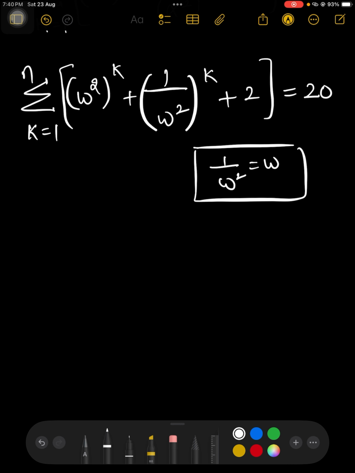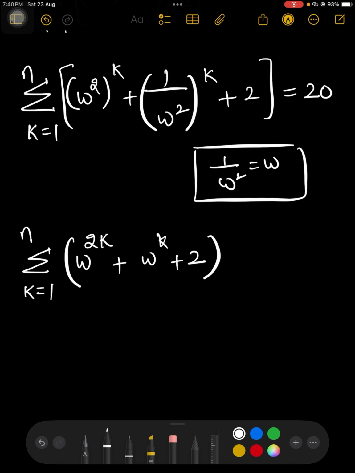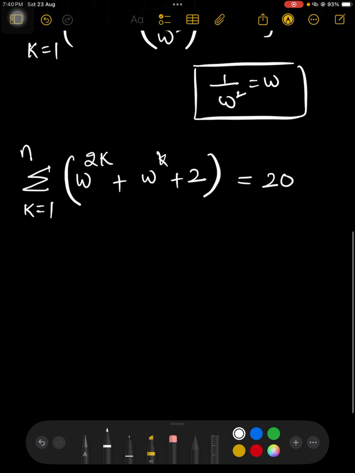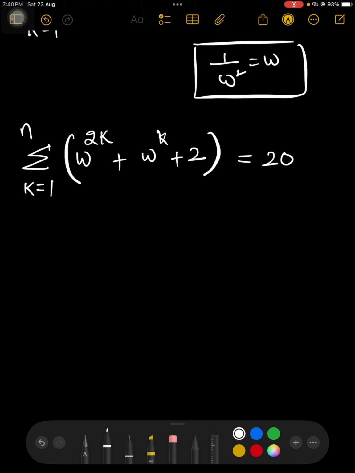Right. Now, if you expand from sigma k equal to 1 to n, then I can write it as omega power 2k plus omega power k plus 2 equals 20. Now, expand the summation.